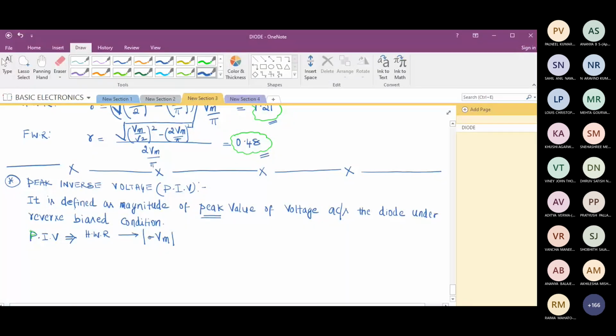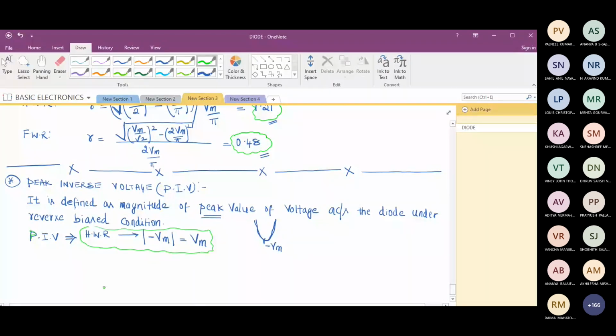We are getting a waveform like this across secondary. Now, what is the maximum value of this? It is minus Vm. If I take the magnitude of this, will it be Vm? Yes, sir. So, in case of half-wave rectifier, PIV, peak inverse voltage, is Vm.